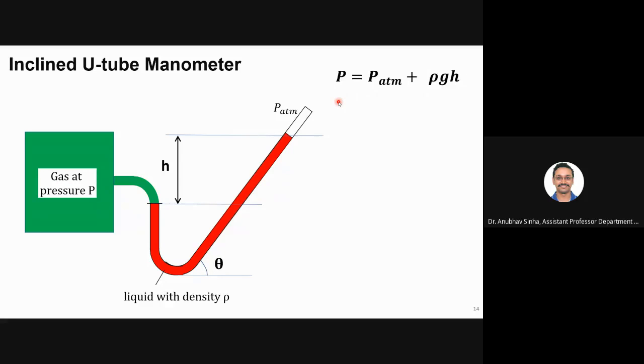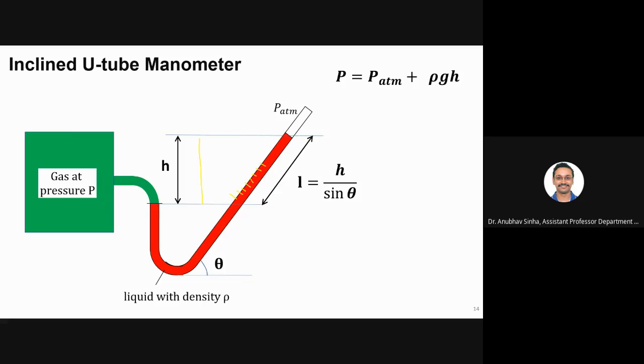But what is the advantage? The advantage is that we have a longer length here for the liquid column. The height is the same, but because you tilt, you get more length here. That length can be used to give more divisions. Let me draw it quickly. You'll have some scale marked here. If you have a vertical scale, you will have fewer points.